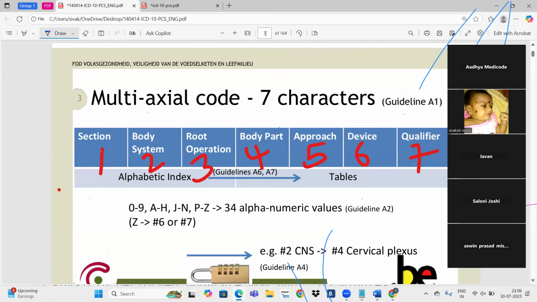Approach, how we are approaching to perform a procedure: external, open, percutaneous, percutaneous endoscopic, via natural or artificial opening, and via natural opening endoscopic assisted. Then body systems. Based on the body part, that body part comes under which body system.